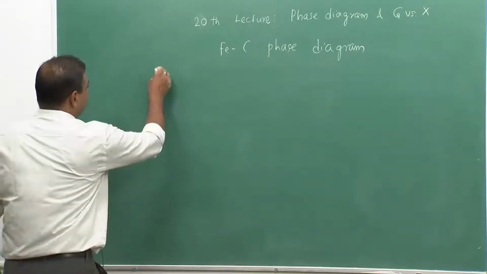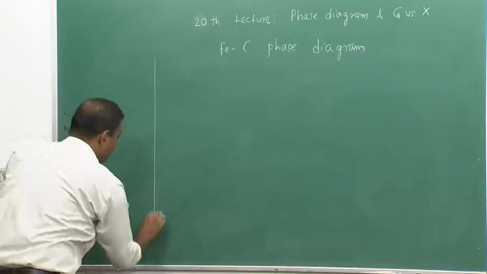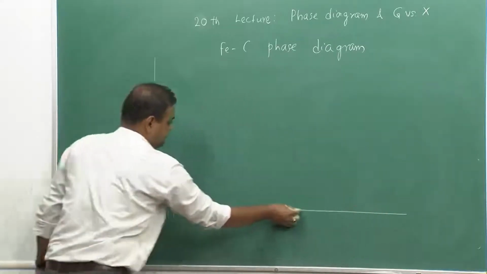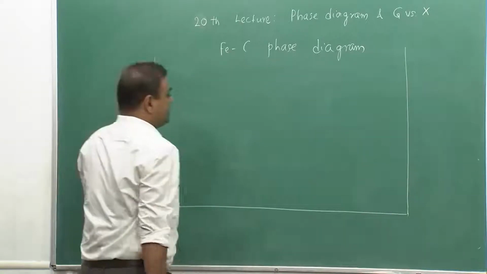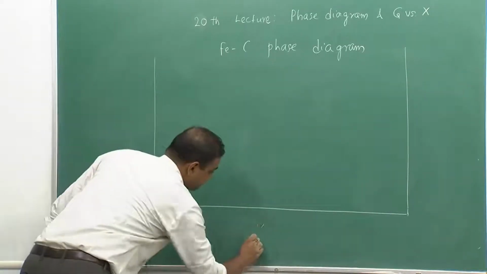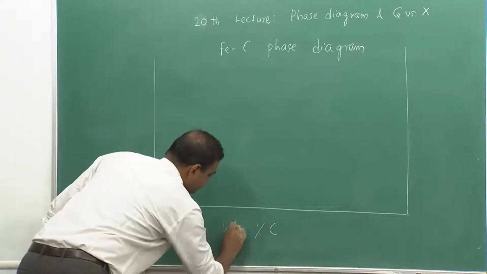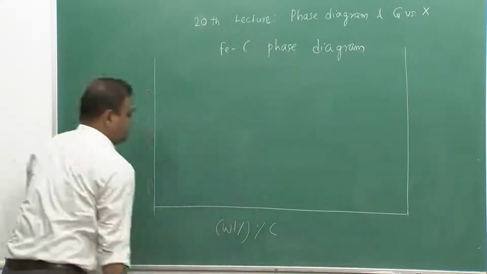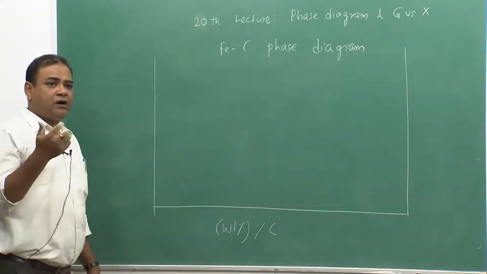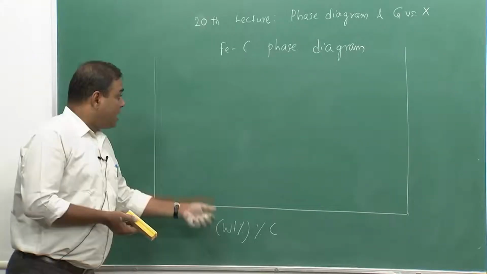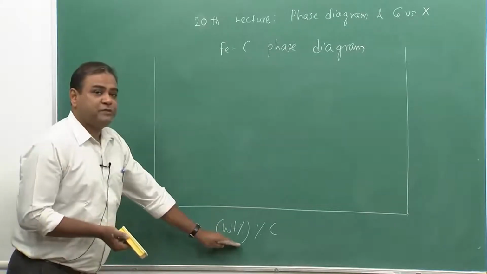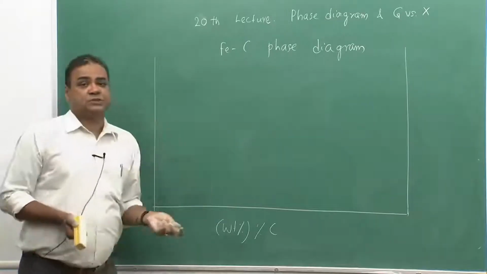So, now if I try to draw the phase diagram of the iron carbon system, this is percentage of carbon and we take weight percent. So, there could be 2 composition modes possible in a phase diagram, and if you go to the ASM phase diagram handbook, you will see the bottom one is weight percent and the top one is atom percent.